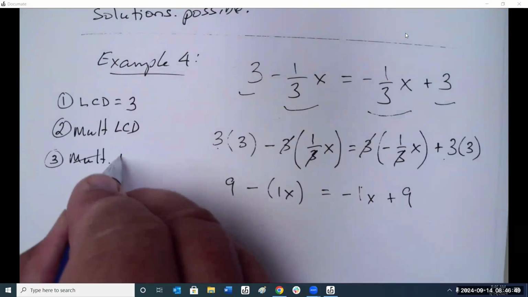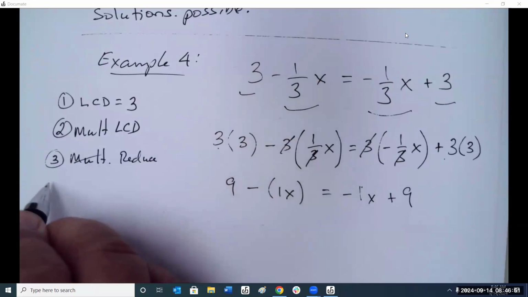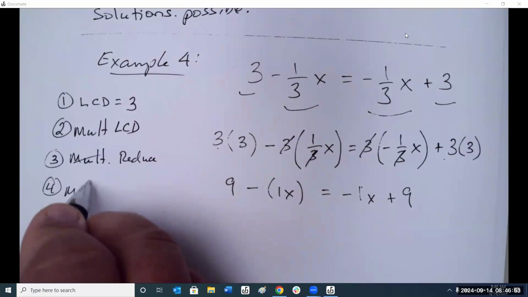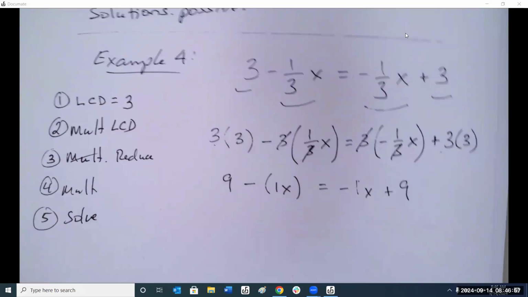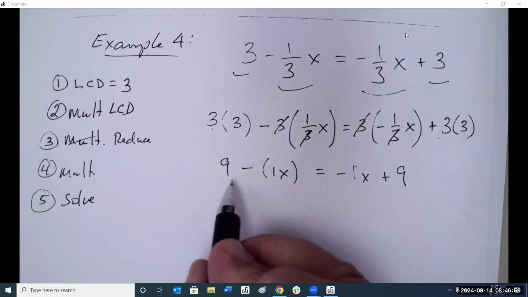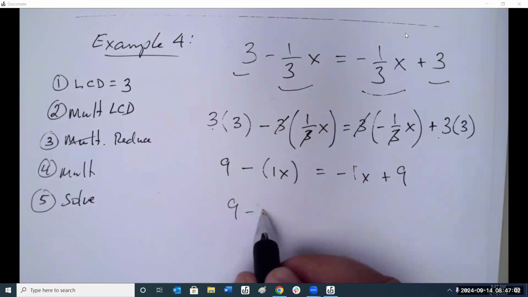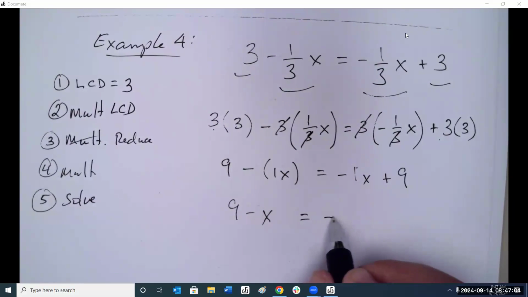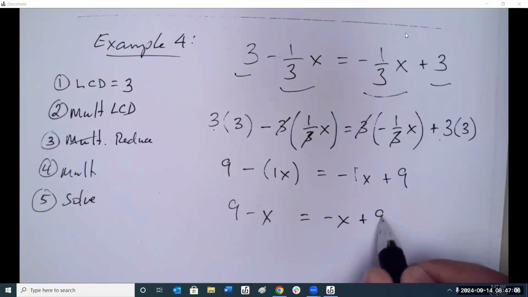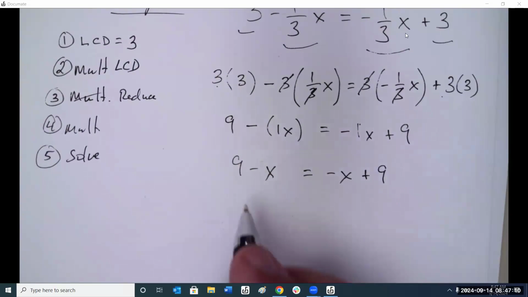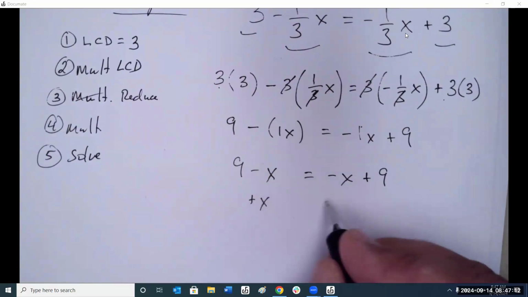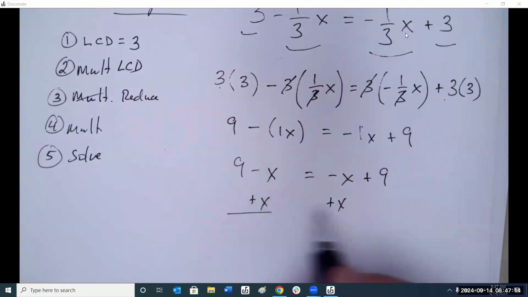This one should have been reduced. Now it's multiplied to get rid of the parentheses. And then solve. So we have 9 minus x equals minus x plus 9. Add x's to both sides.